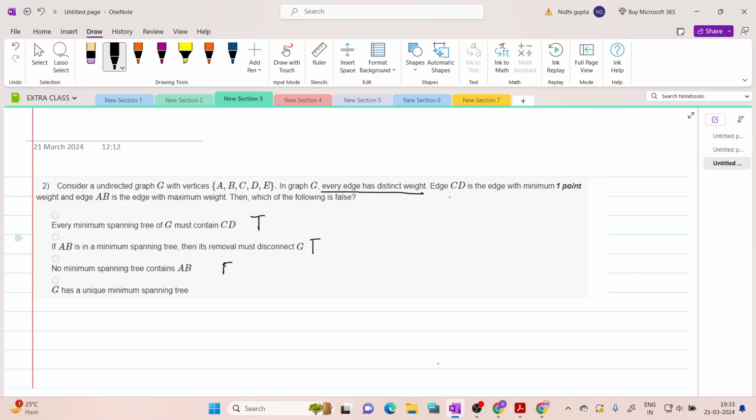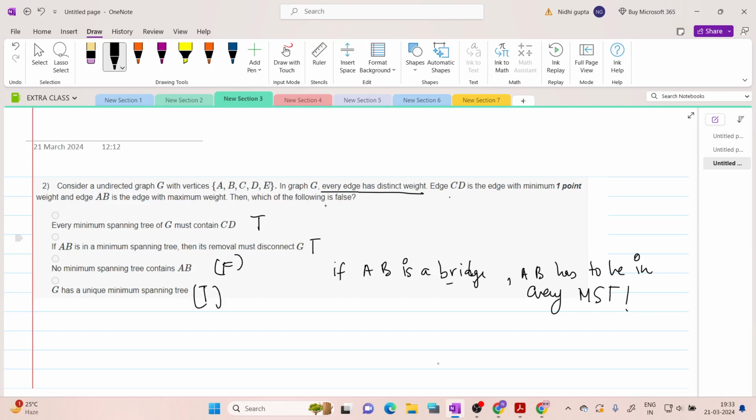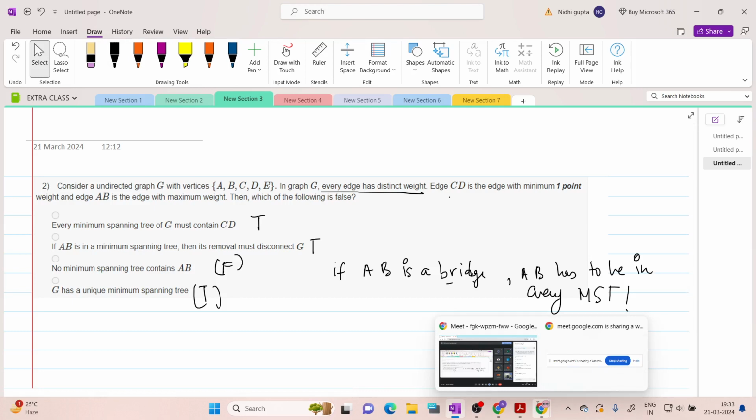It is false because, like in the last question, if AB is a bridge, then AB has to be in every MST. And the last is: G has a unique minimum spanning tree. This we already discussed: if all the edges have distinct weight, then the spanning tree is unique.